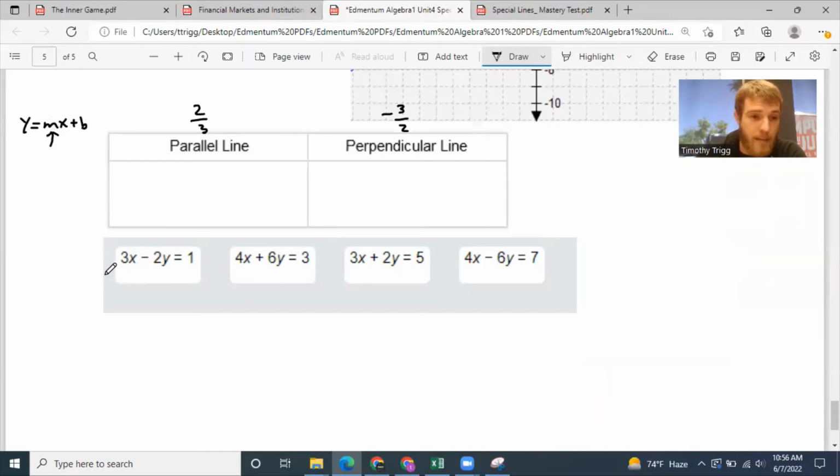Getting y by itself, we're going to start by subtracting 3x on both sides of the equation. Remember, whatever you do on one side of the equation, you have to do on the other side of the equation. So we have -3x plus 1. Then divide both sides by -2.